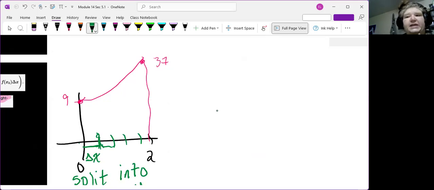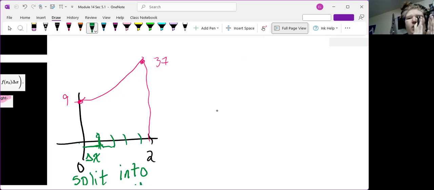So if we were splitting it into 5 pieces, we would have a starting point and end point. And then to split into 5 pieces, we would have 4 tick marks in there. Or we can think of it as I start at 0 because that is where we start.